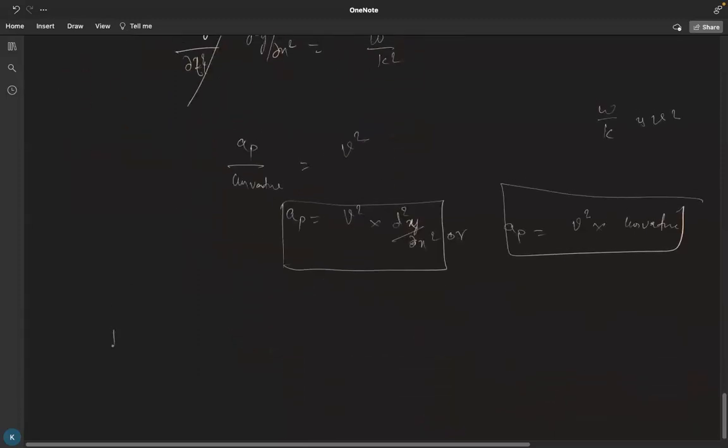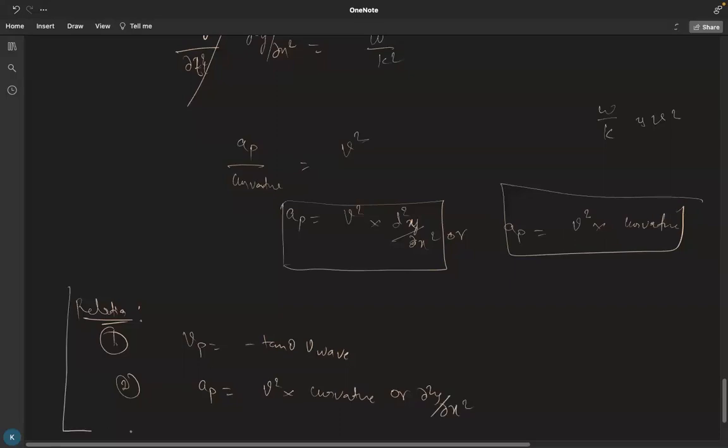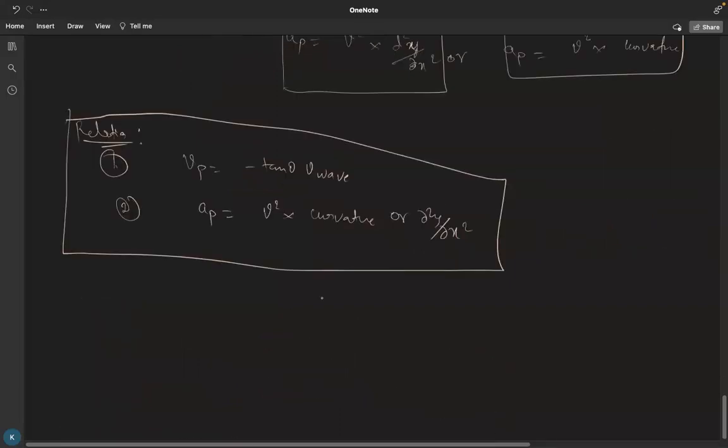This is the second relation we get. The first relation is velocity of particle is equal to minus tan theta into velocity of wave. And the second relation we get is acceleration of particle is equal to v square into curvature, or you can say del square y by del x square. These are the two relations we get.